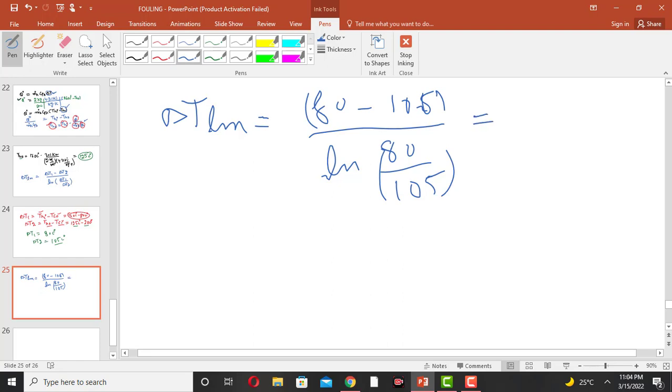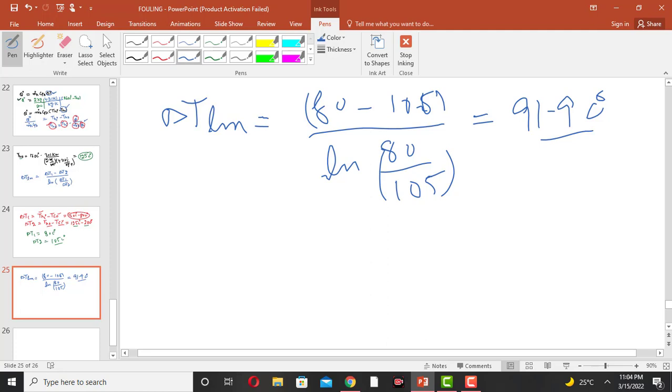After simplification we will get the log mean temperature difference, which is 91.9 degrees centigrade.